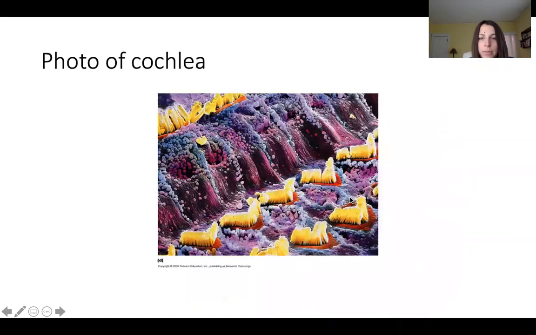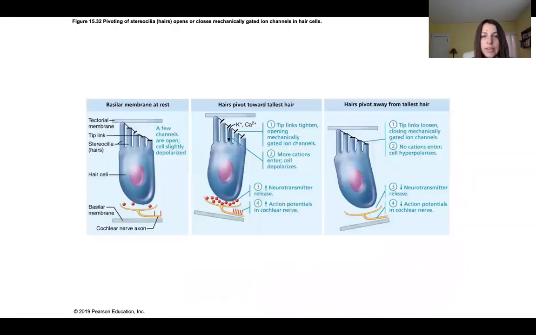So back to the photo of the cochlea, here we have the airwaves, and now what I'd like you to see is just what I was speaking of before about that wave transmission. Here's the basilar membrane, and when this starts to vibrate, right, due to that movement in the fluid, this vibrates, and that causes in turn these hair cells to vibrate.